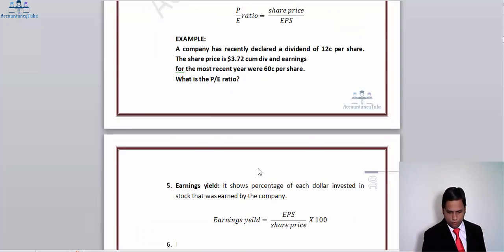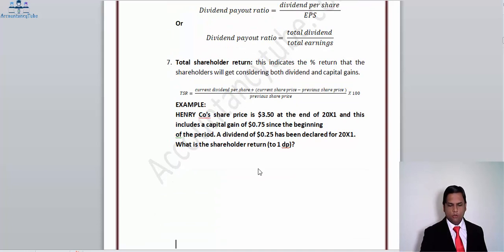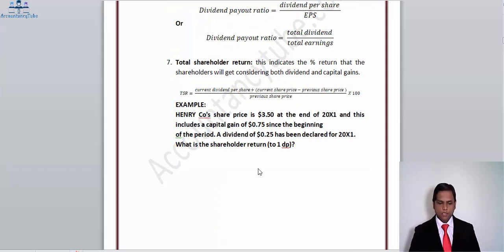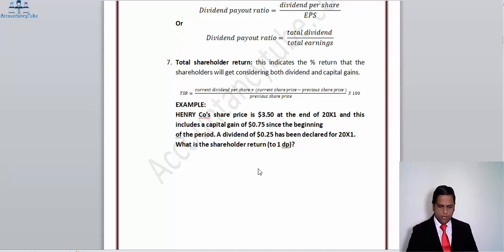Coming back to our notes and moving on to the examples. Now we have got our final example of total shareholders return. We all know the formula is current dividend per share plus current share price minus previous share price, divided by previous share price, multiplied by 100.